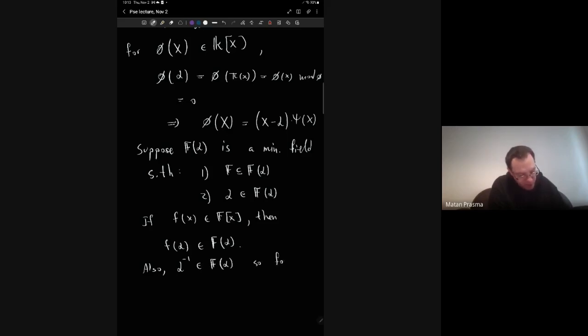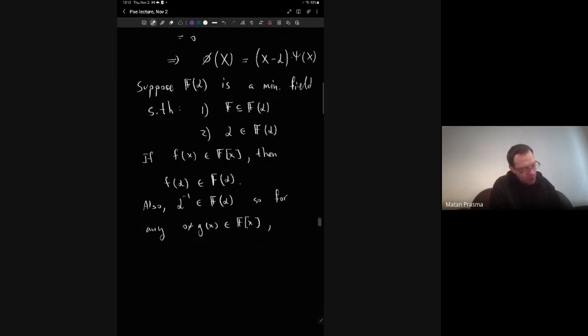So let's take a non-zero polynomial g. 1 over g of alpha also has to belong to F of alpha, right?